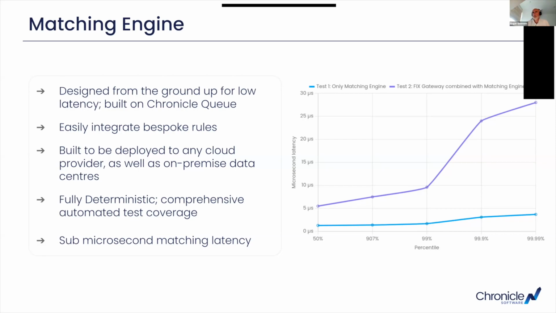Layering on a FIX interface, because of the nature of FIX, as I touched on earlier, necessarily brings some additional overhead, but again, the modular framework allows you to plug and play the different components very easily. But even out to the four nines with the core matching engine capability, we're at low single-digit microseconds in matching and sub-microsecond through to probably the 99th percentile.